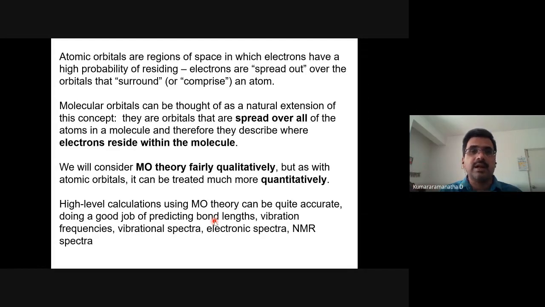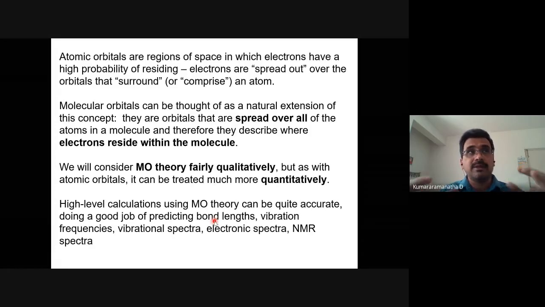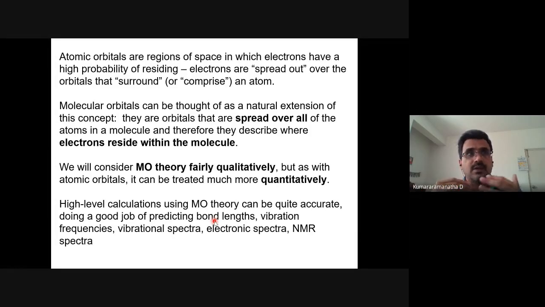With other theories, there is some significant mismatch, or sometimes it is totally wrong. But with this, you have a high amount of overlap with spectroscopic techniques, which is why MO theory is very important, an advanced version of various bonding theories.